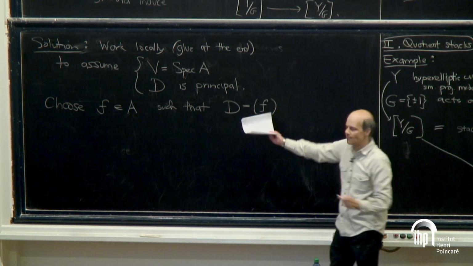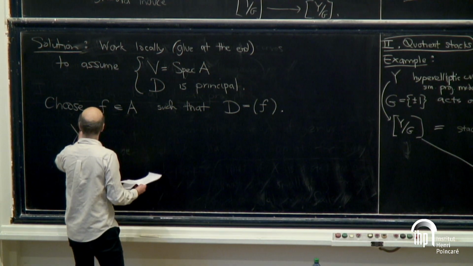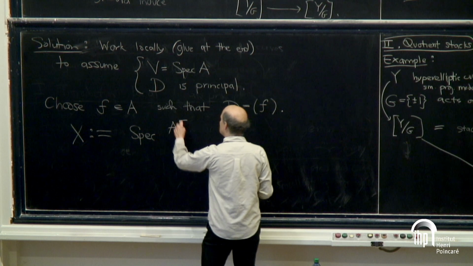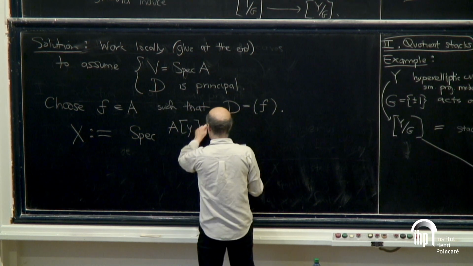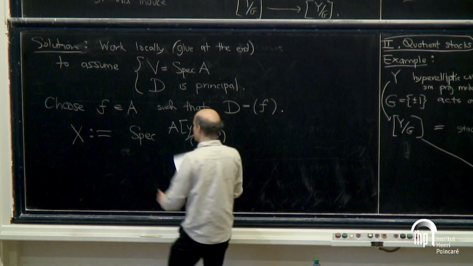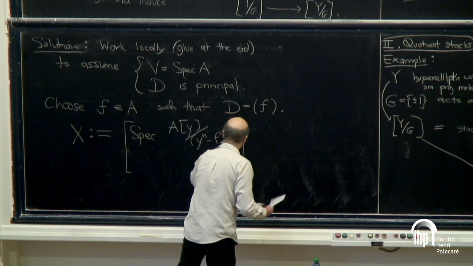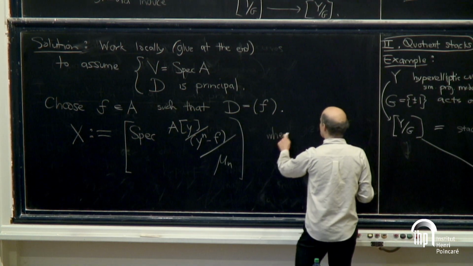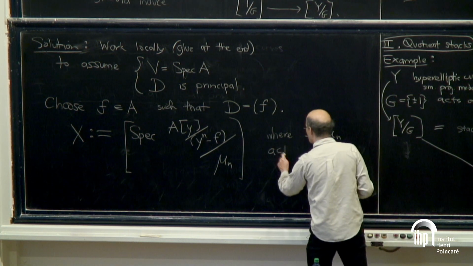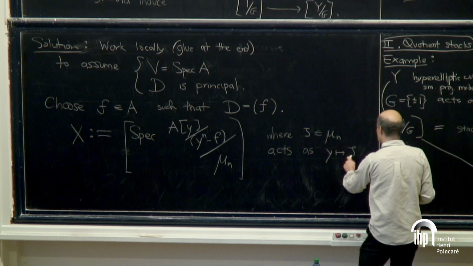So D is the zero locus, D is given by f equals 0, and then you can construct this quotient stack where you form the ramified cover of spec A of the original variety by adjoining an nth root of f, and then you almost undo it by quotienting by the action of mu n, where each element zeta of mu n acts on this scheme by setting y to zeta times y.